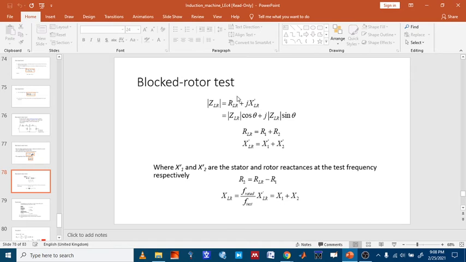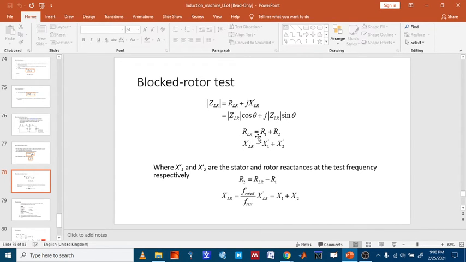The real part RLR is equal to ZLR cos theta. So when you are able to calculate ZLR, you can calculate RLR using this relation. RLR is the real part, equal to ZLR cos theta, and jXLR is the imaginary part, which corresponds to sine.